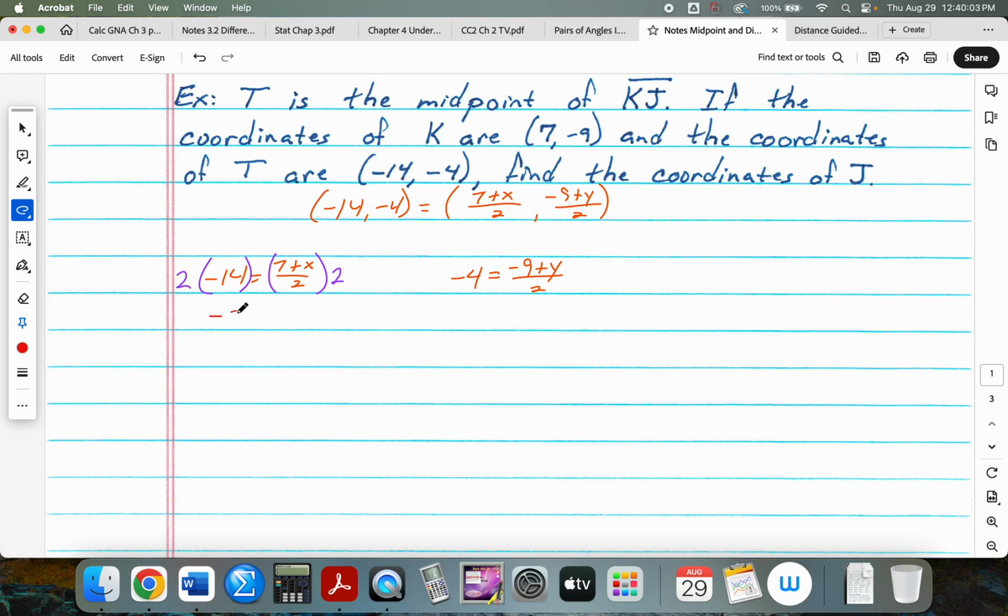So that's going to give me negative 28 is equal to, here, 2 divided by 2 is 1, and 1 times 7 plus x is just 7 plus x. Subtracting the 7, we have negative 35 as the x-coordinate. Same thing here. Multiply both sides of the equation times 2.